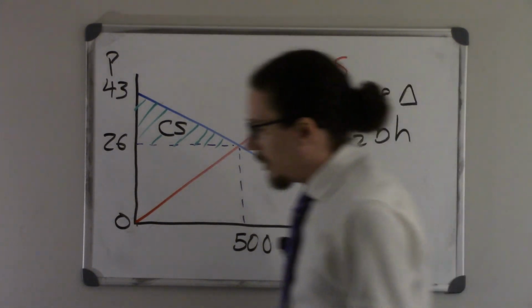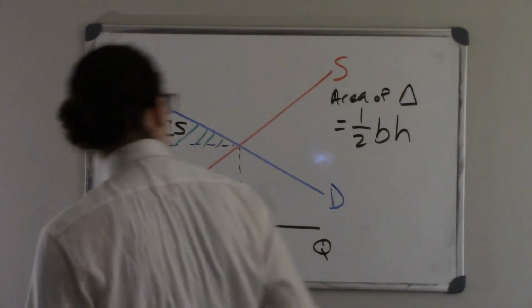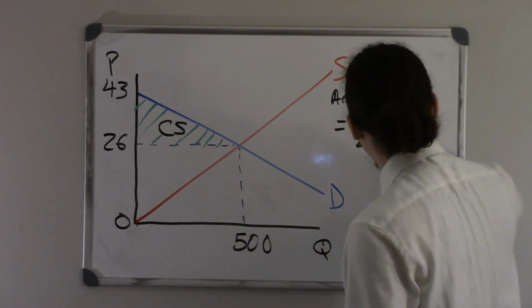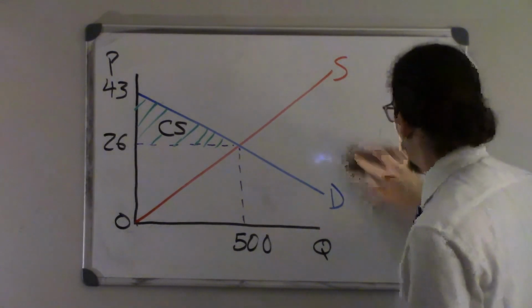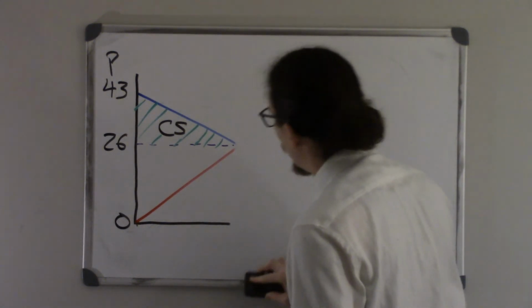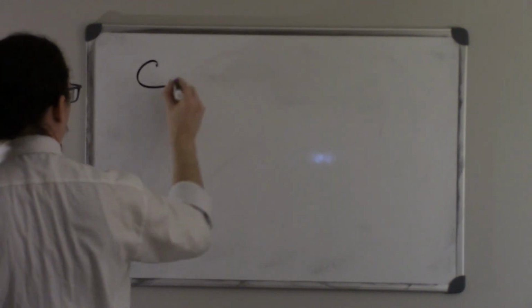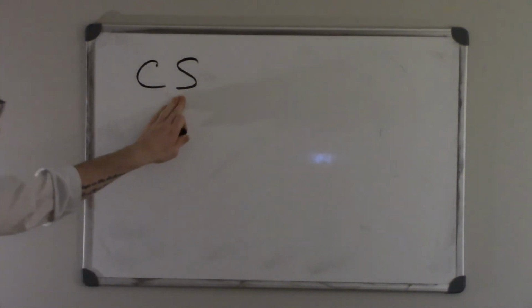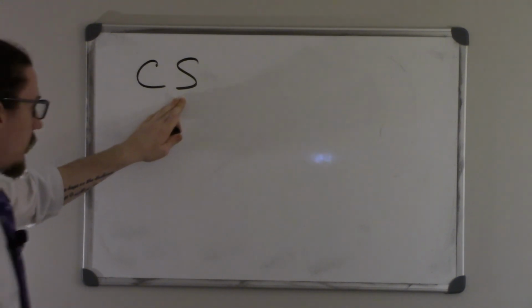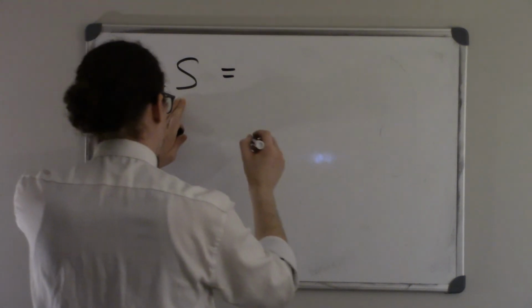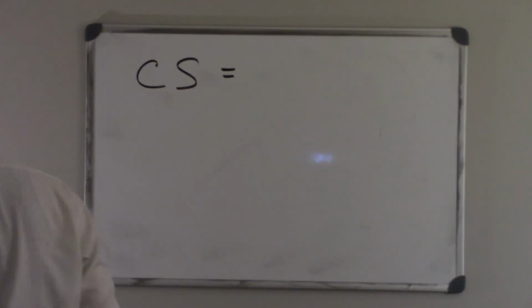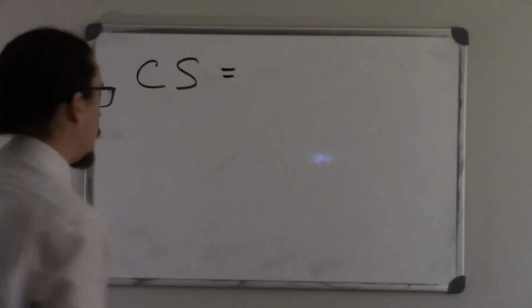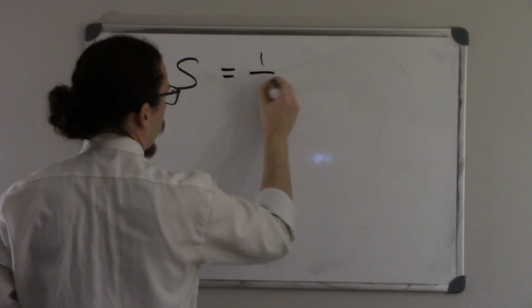I'm going to notate it as CS, so I don't have to write consumer surplus every single time. We know it is 1/2 base times height, so we can put that 1/2 in there.